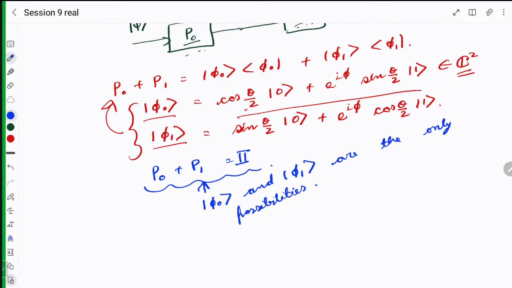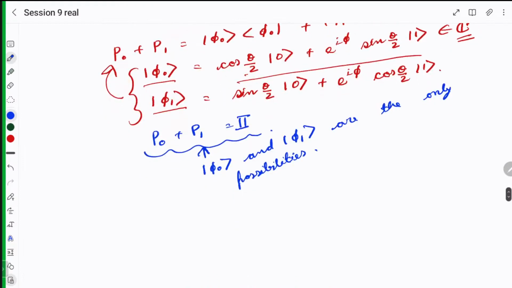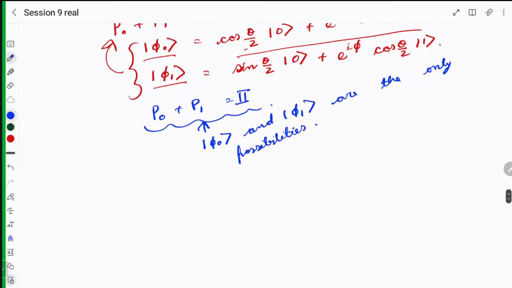You can also write this as the sum of the outer products of phi naught and phi 1 equal to identity.